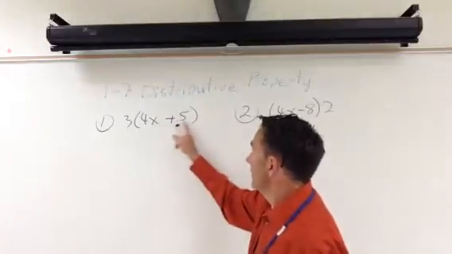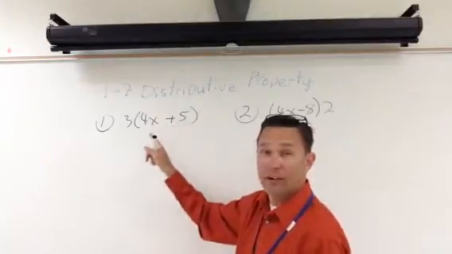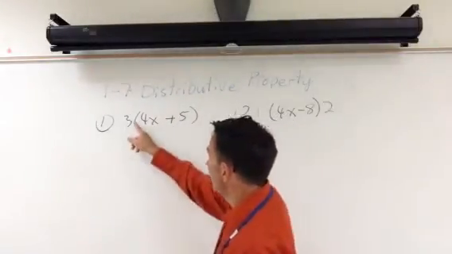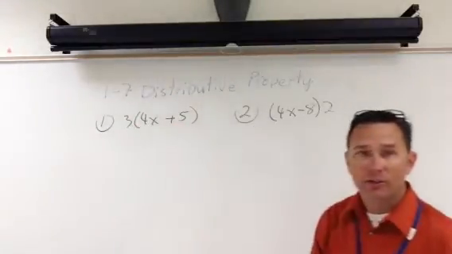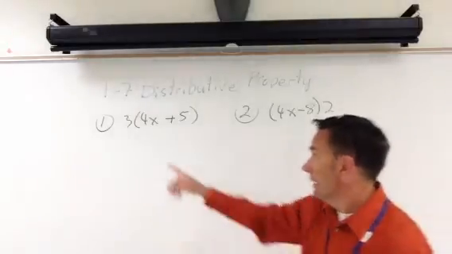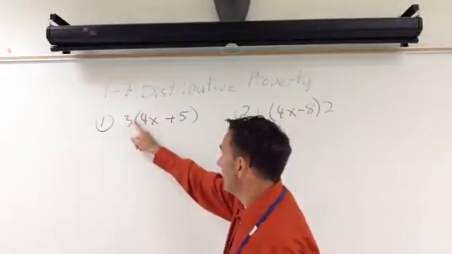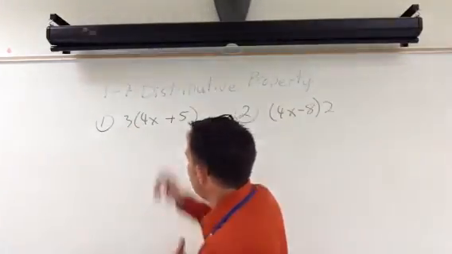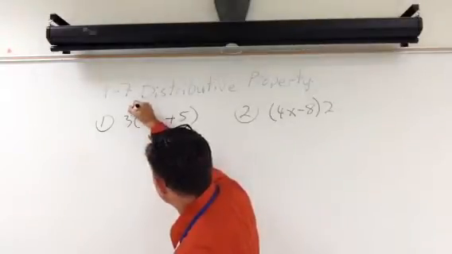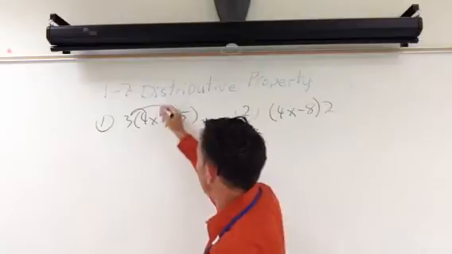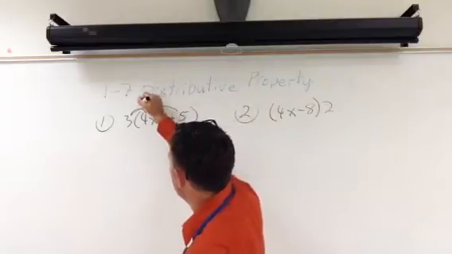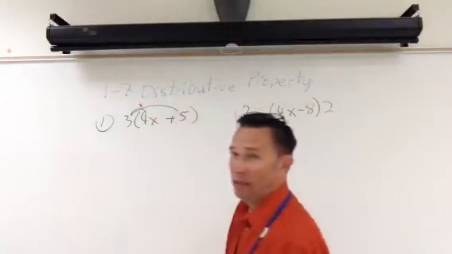Since we have two things inside the parentheses here on number 1, we want to distribute this 3 to the 4x and to the 5. If there's nothing in between the number and the parentheses, this means multiply. We need to distribute this 3 to the 4x and to the 5 by multiplying.